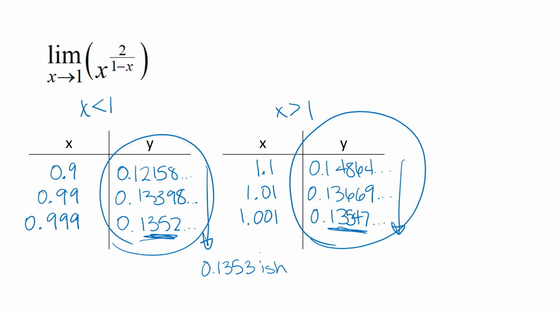So this is a good example of why the table method is certainly not the only method you should use. You can get a good ballpark estimate, but you can't really get any more precise than 0.1353-ish. I could certainly do more values on my table and get a better decimal approximation, but you're probably not going to find the actual exact value of this.